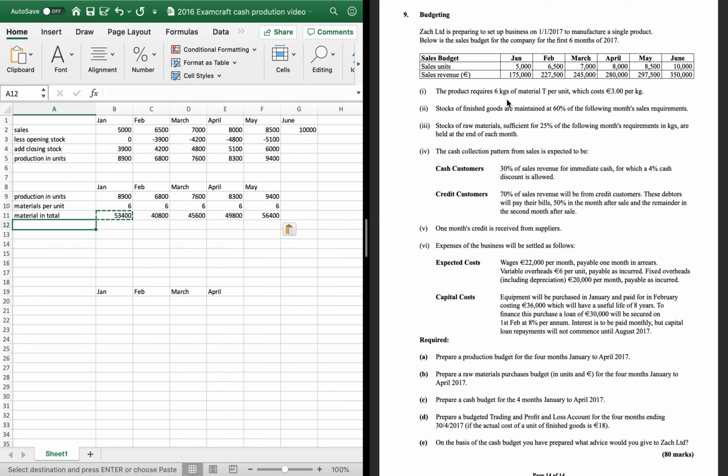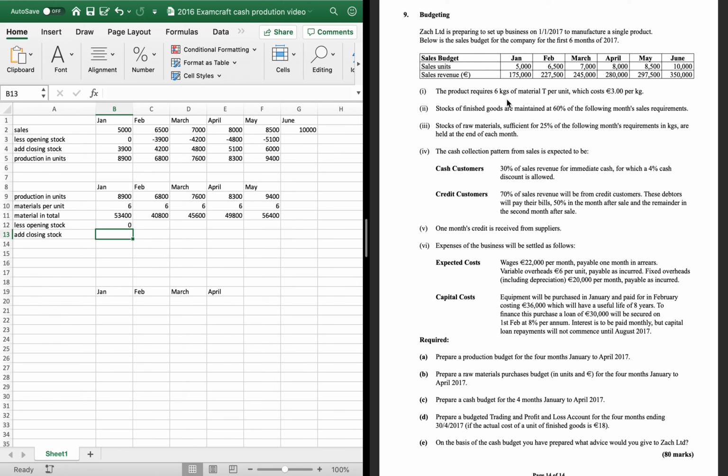Then you go back to your less opening stocks and add closing stocks. So exact same process as part A. So new business, so no opening stock for January. There's nothing to say it doesn't have to be. It has to be new business.